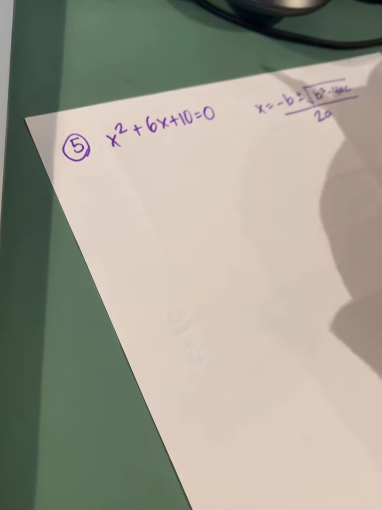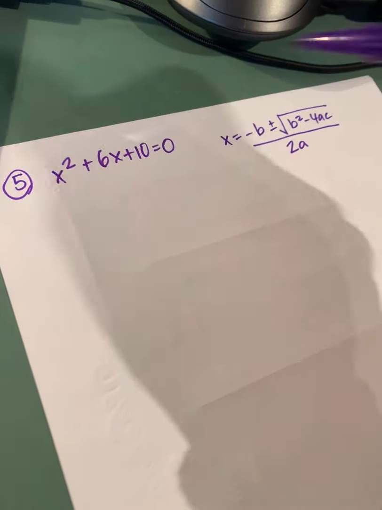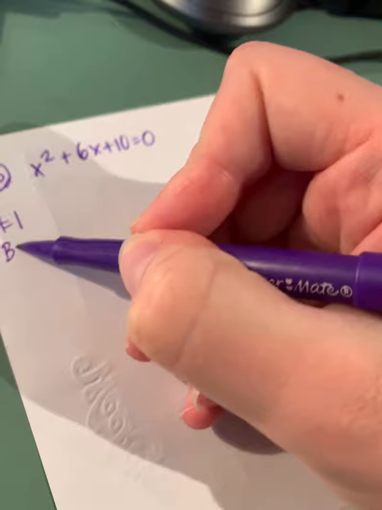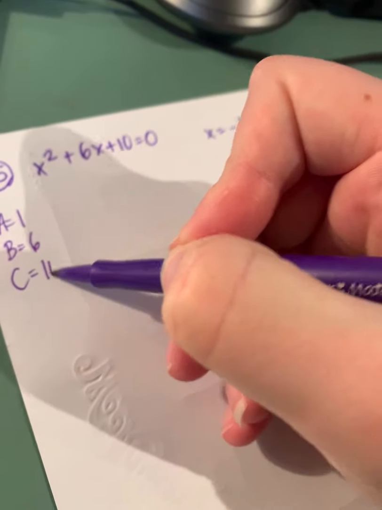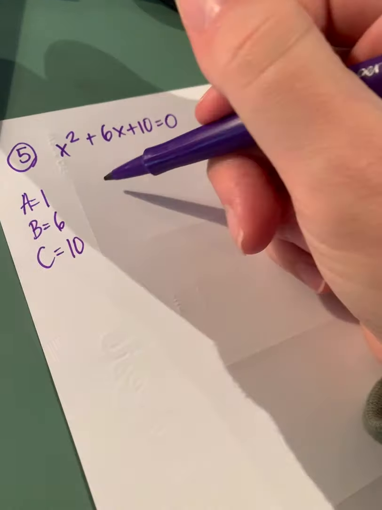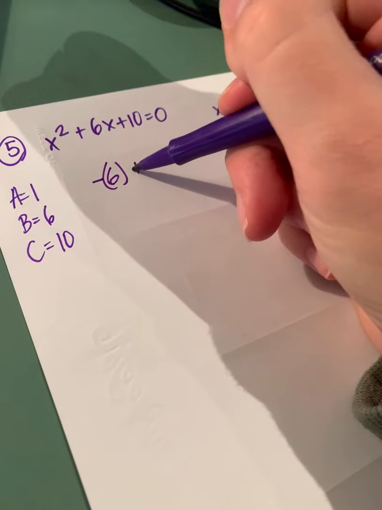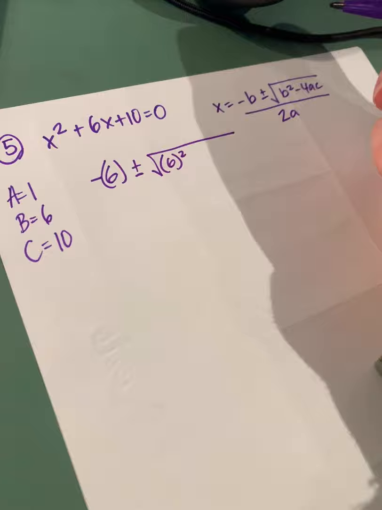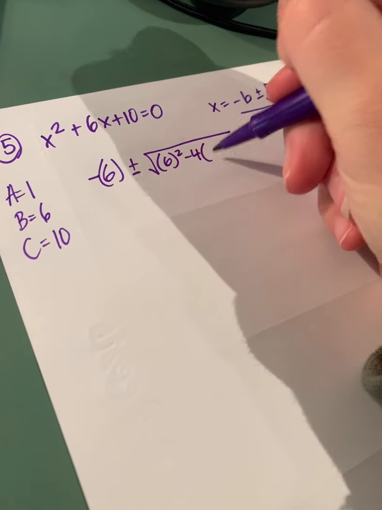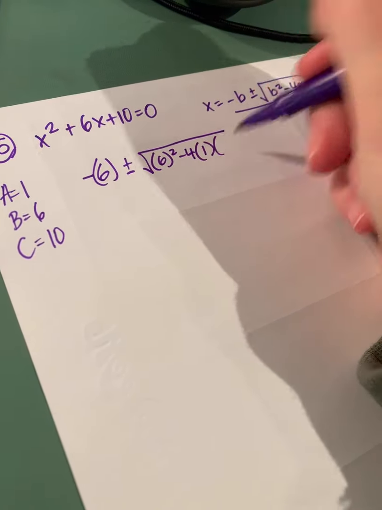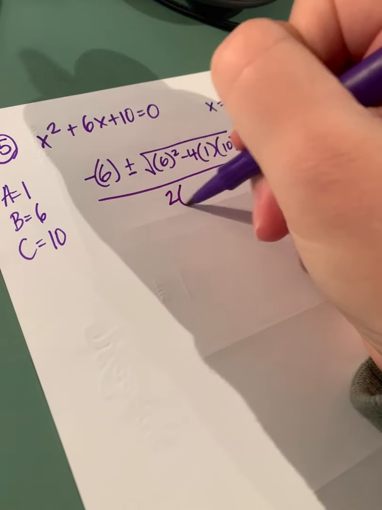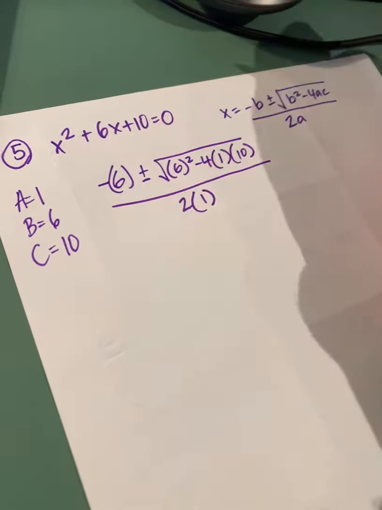All right, for number 5, you have x squared plus 6x plus 10. So you have a equals 1, b is 6, and c is 10. So you have negative 6 plus or minus the square root of 6 squared minus 4 times a, which is 1, times c, which is 10, all over 2 times a, which is 1.